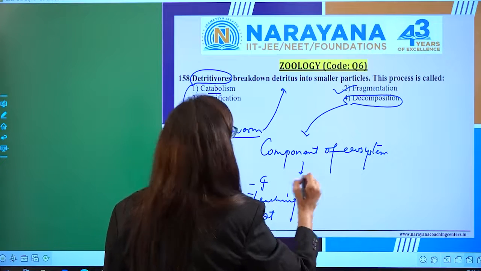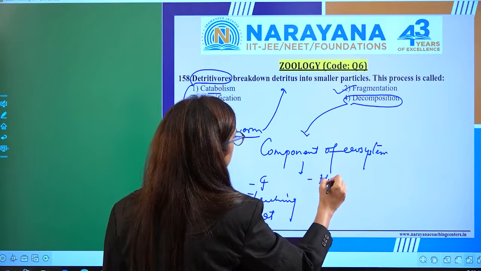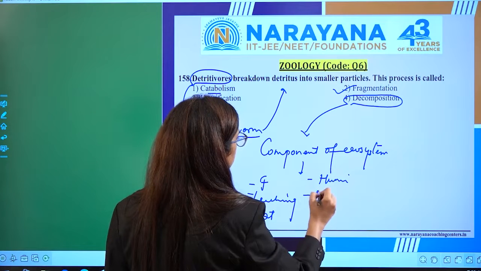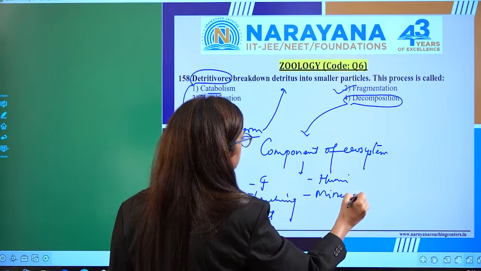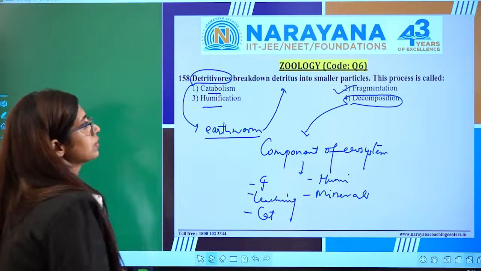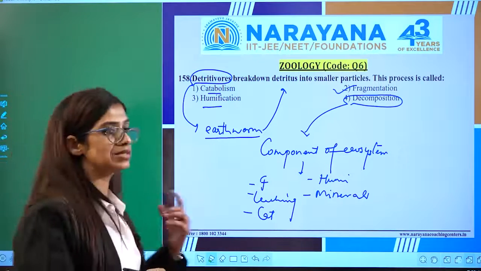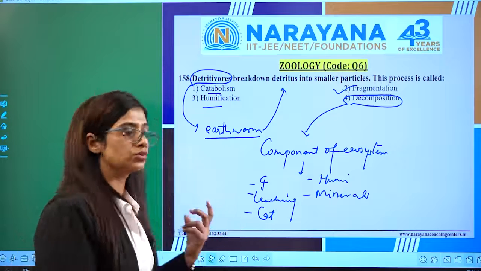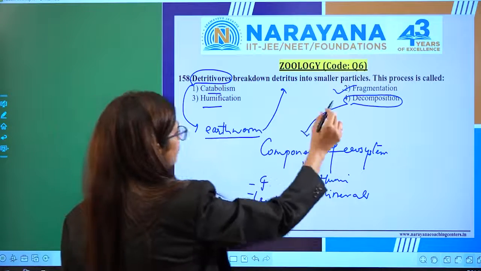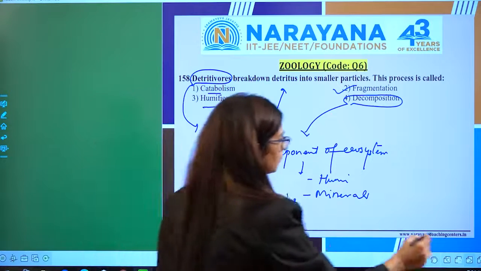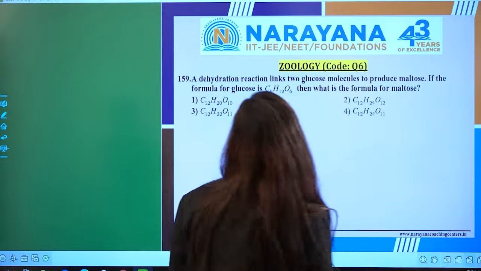There are 5 steps. Then we have unification, and then mineralization. These are the steps of decomposition, whereas decomposition is separately a component of ecosystem. So here the right answer is fragmentation. So now the next question.